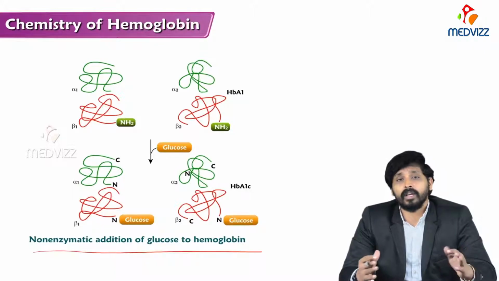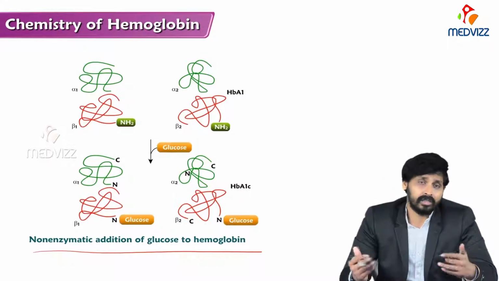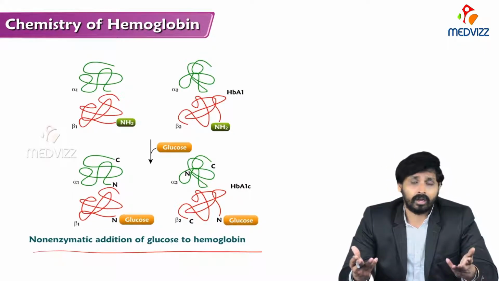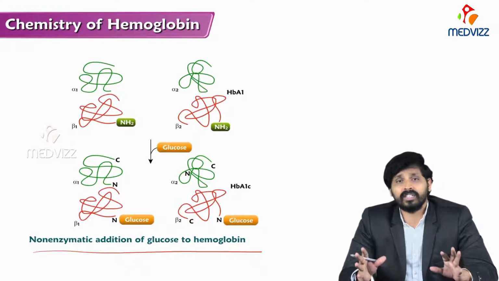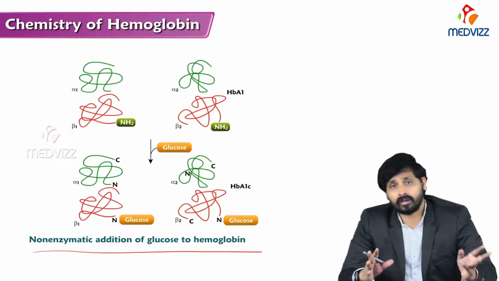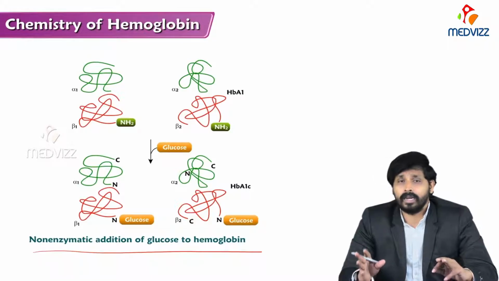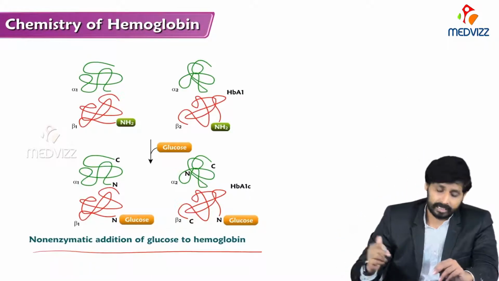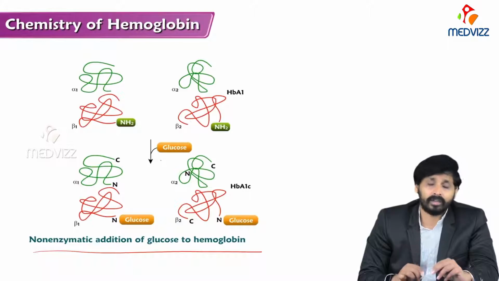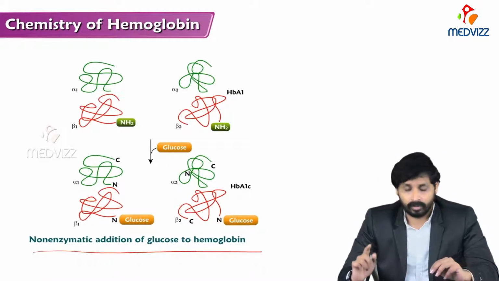We are all aware that every globin chain has 2 ends, a carboxy terminal end and an amino terminal end, and this amino terminal end plays a major role in the attachment or link with glucose.